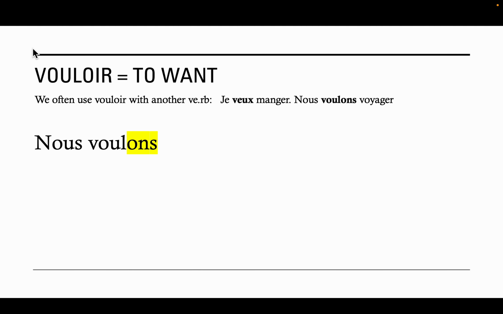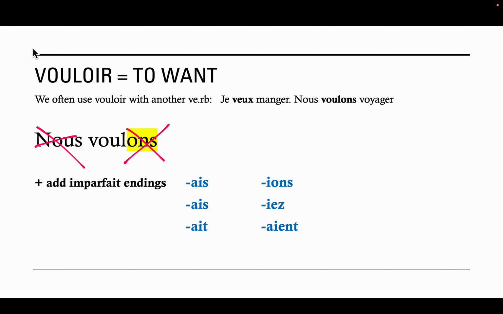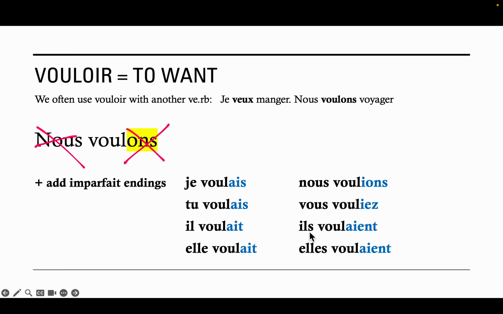We chop off the O and S in the nous form, and we're left with the stem for the imparfait. Then we add the imparfait endings that sound like this: ais, ais, ait, ions, iez, aient. So this is what it would look like. Je voulais, tu voulais, il voulait, elle voulait, nous voulions, vous vouliez, ils voulaient, elles voulaient.